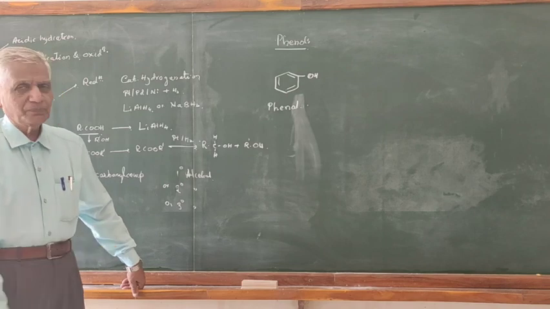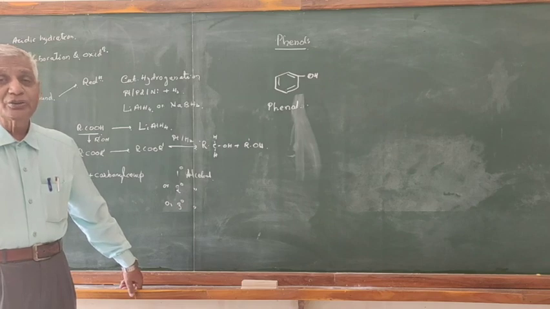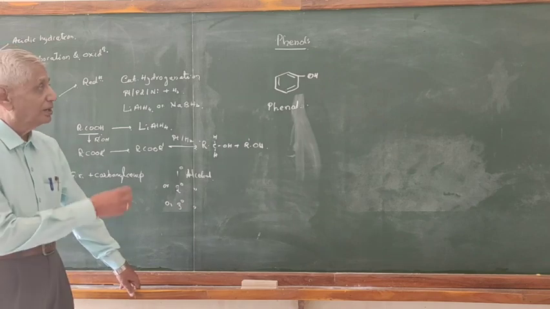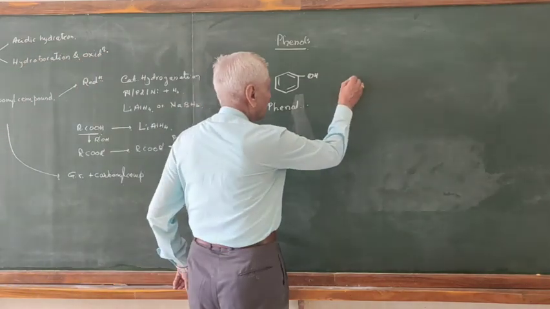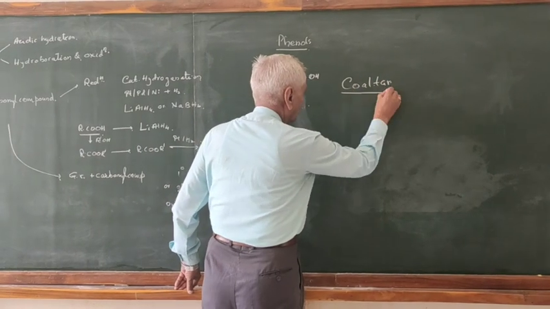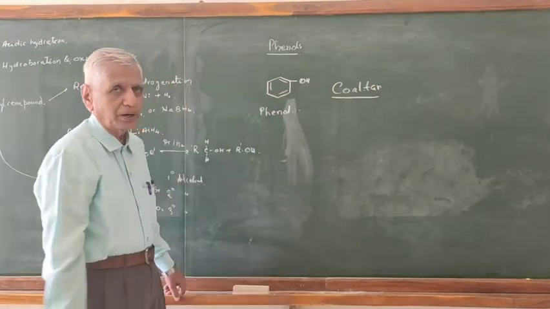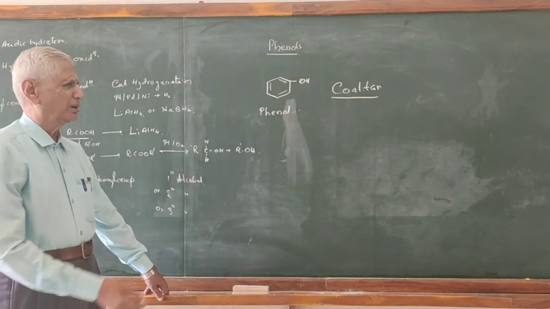For the first time, this compound was obtained or isolated. Isolate means to separate. Isolation and separation. This phenol was first separated from what? From coal tar. Do you know what is coal tar? Coal, when it is distilled in absence of air, you will get the coal tar. Remember, it's coal tar.